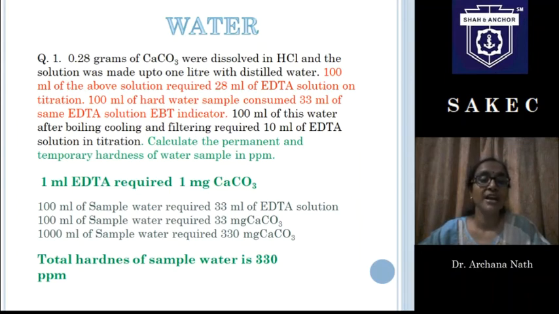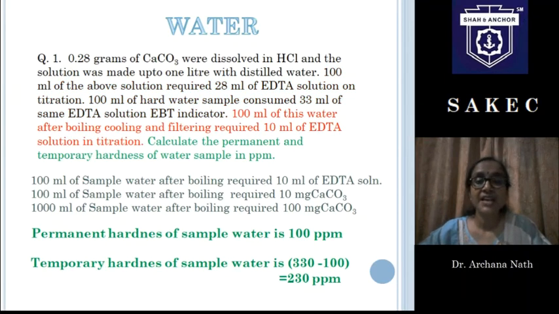So 100 ml of sample water required 33 ml of EDTA solution, which means 33 milligram of calcium carbonate. So 1000 ml of sample water requires 33 divided by 100 multiplied by 1000, that means 330 milligram of calcium carbonate. So the total hardness of the sample water is 330 ppm.